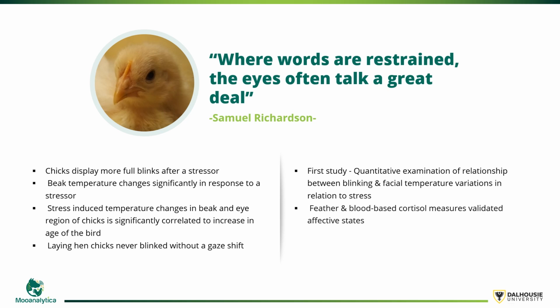So we started collecting feathers and blood samples to understand how the cortisol changes based on specific context, to understand whether there is any correlation between what the instruments and cameras measure and actual changes in relation to blink and stress. The preliminary results show that yes, the full blinks and the number of blinks can possibly say something about the stress.